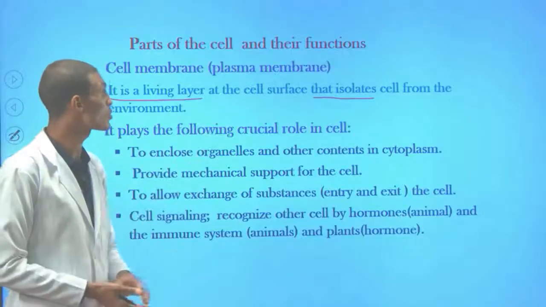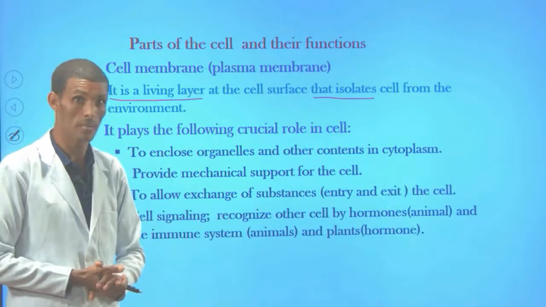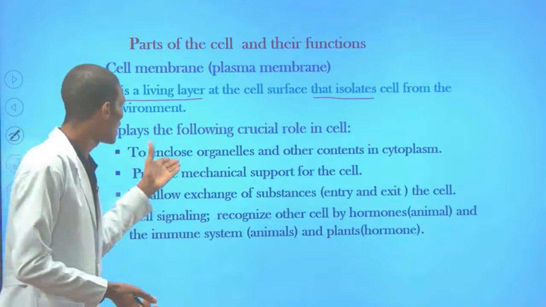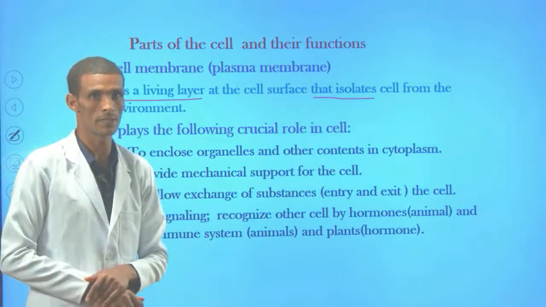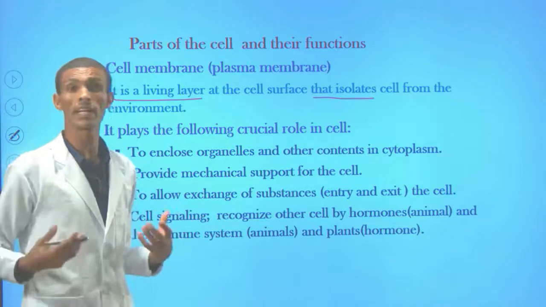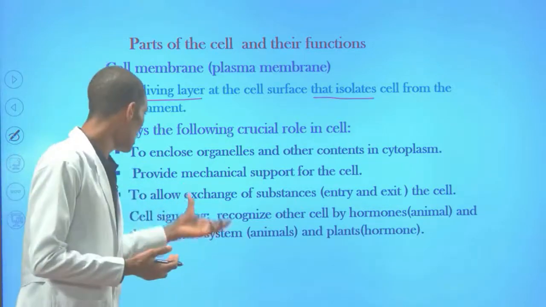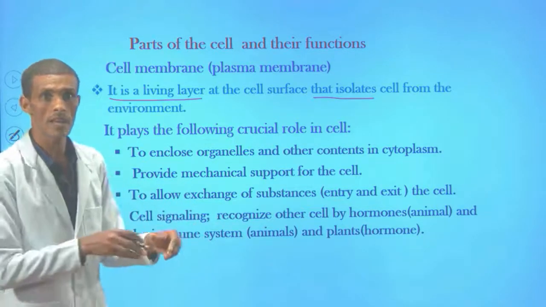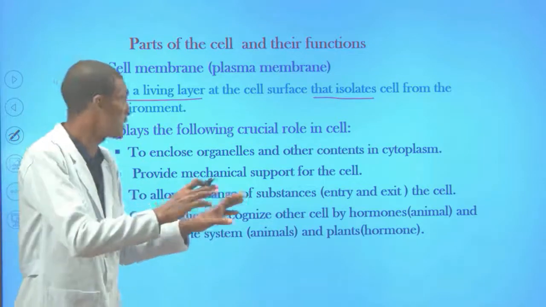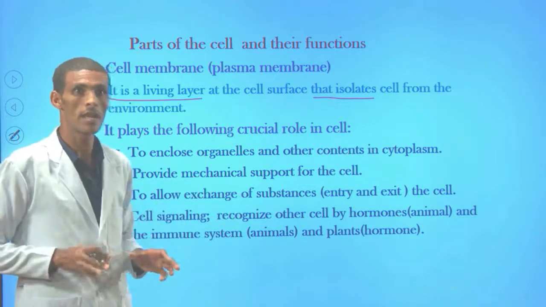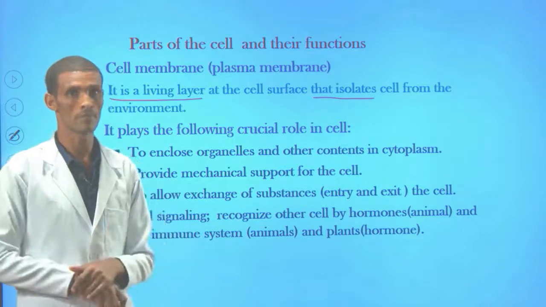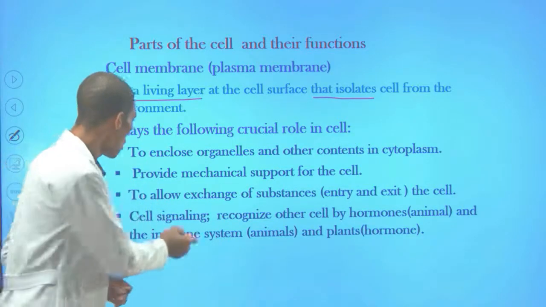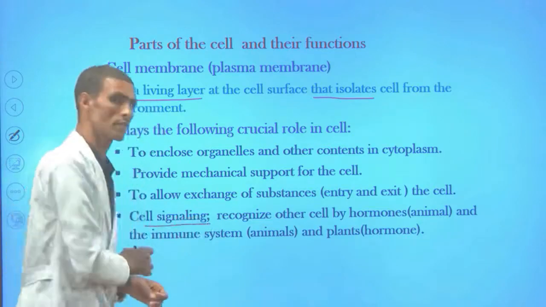The plasma membrane gives many functions for the cell. For example, it can enclose organelles and the other contents in the cytoplasm. It can also give mechanical support for the cell. Additionally, it allows exit of unnecessary substances from the cell and entry of the most important substances into the cell. Notice this one: we can have cell signaling.